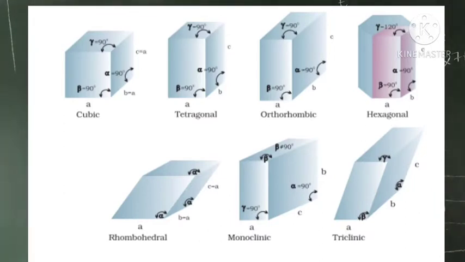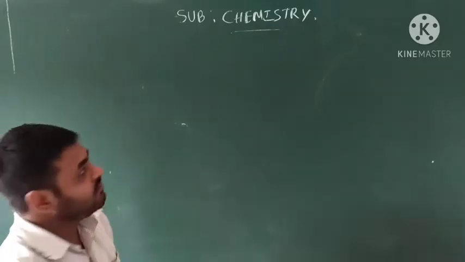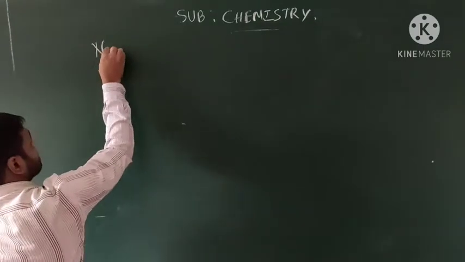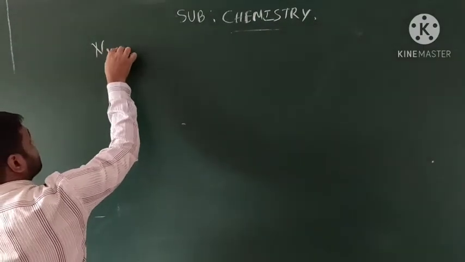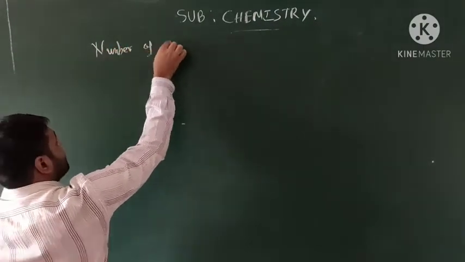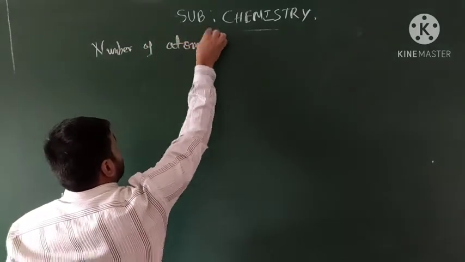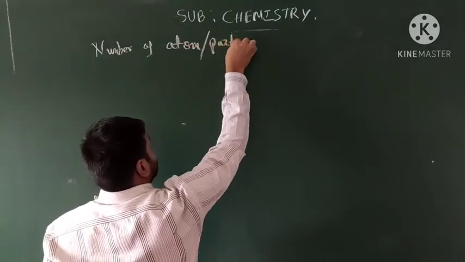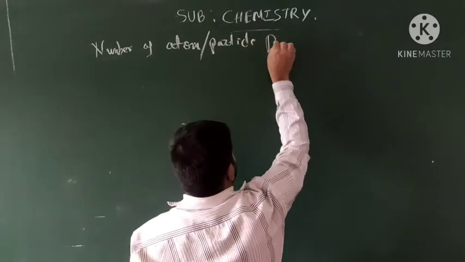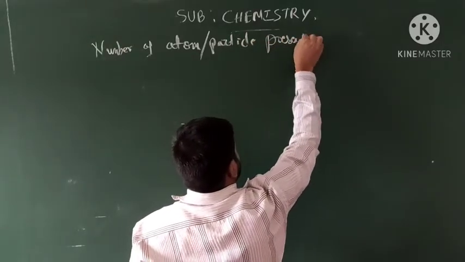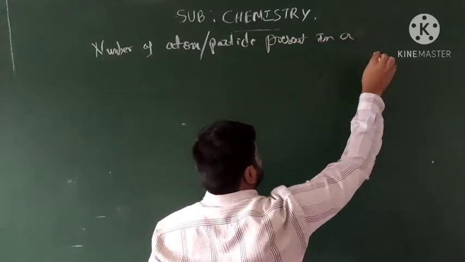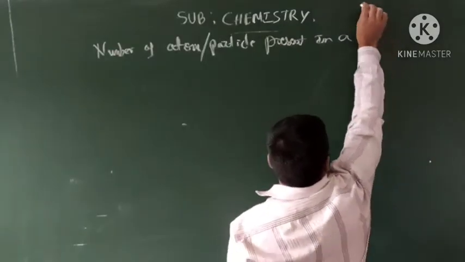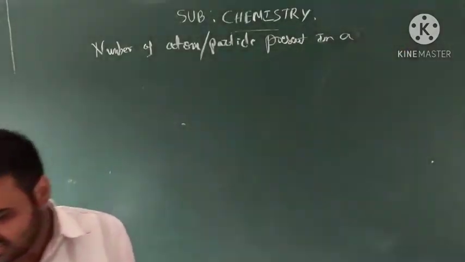Next, we move to the number of atoms or particles present in a unit cell. Number of atoms or particles present in a unit cell.